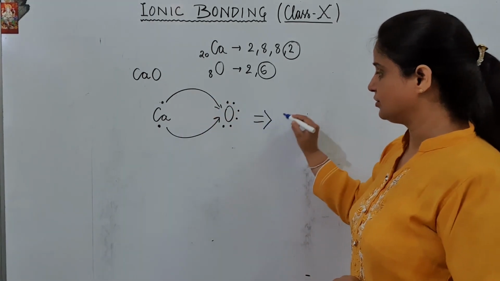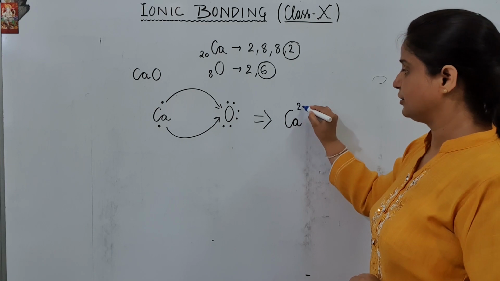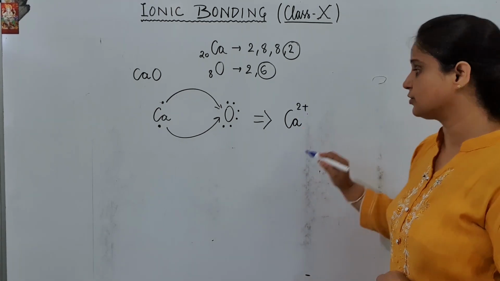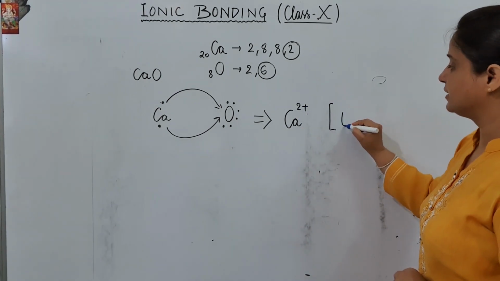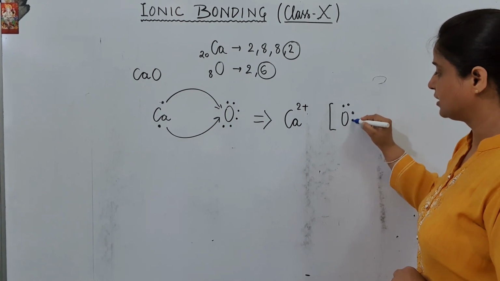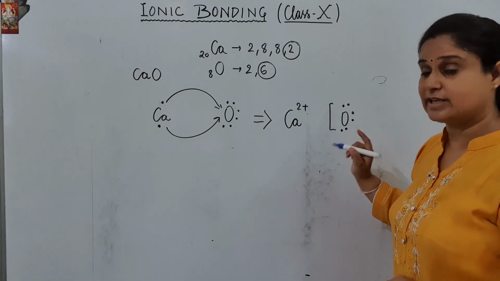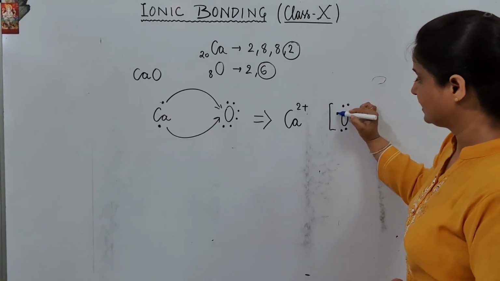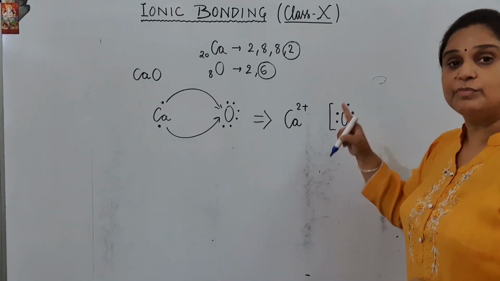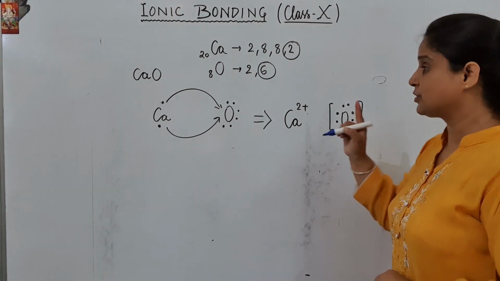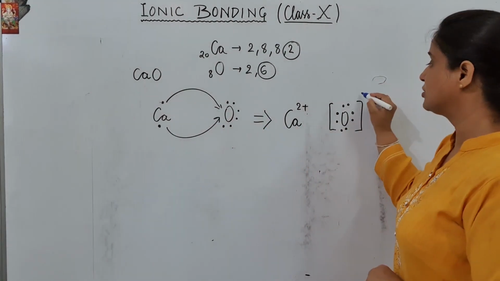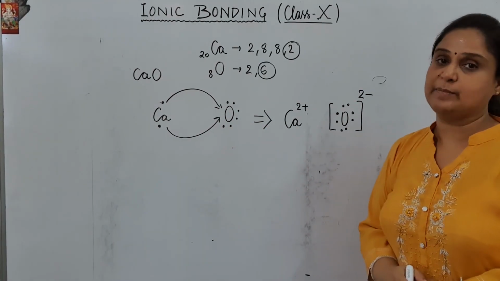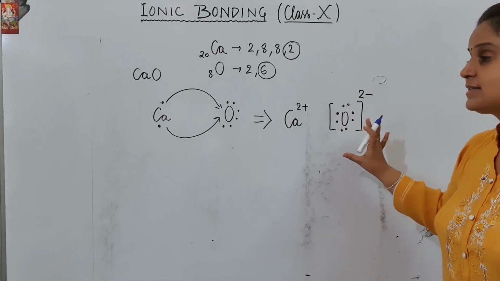Ca will turn into Ca 2+ by the loss of electrons, and oxygen will turn into 1, 2, 3, 4, 5, 6 of its own and 2 electrons, one from this side and one from this side, that is 1 and 2 from the calcium. Now because it has gained 2 electrons, how much charge will appear on the oxygen? -2. So this way this is done.